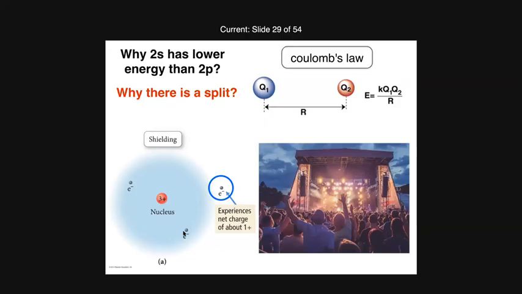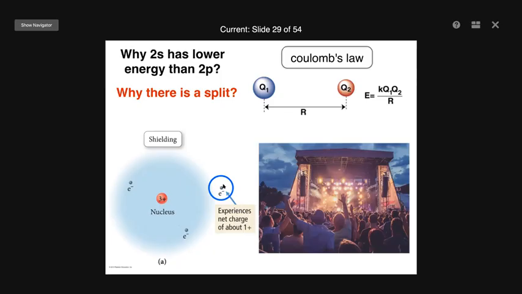Similar to when you go to a concert, right? When you are further away from the stage, you are not going to be able to see the stage very clearly. Similarly for this electron, when you are further away from the nucleus, you are not going to experience the attractive force from the nucleus very strongly compared to those electrons that are closer.